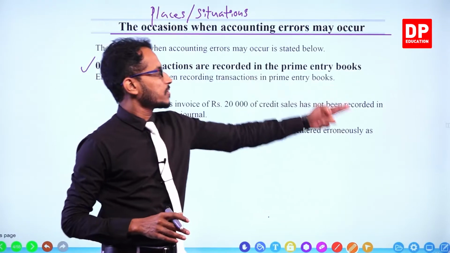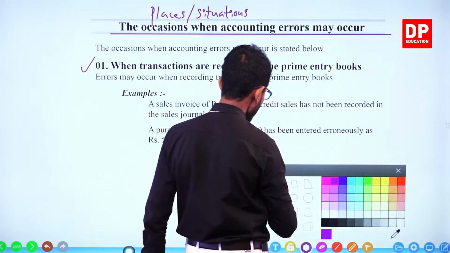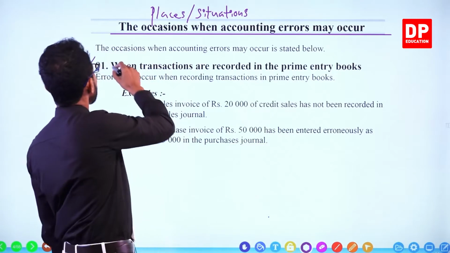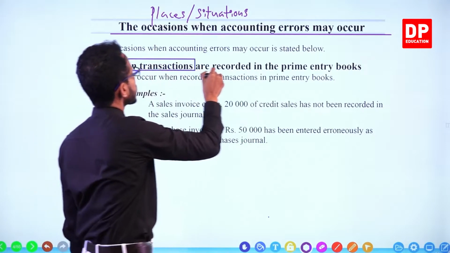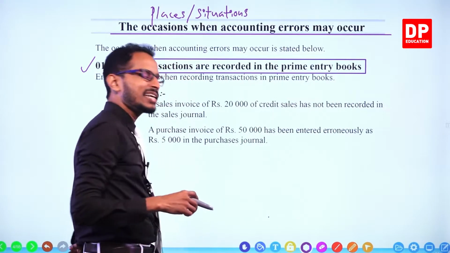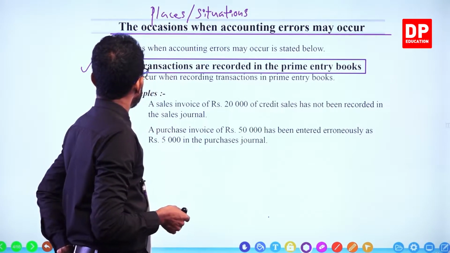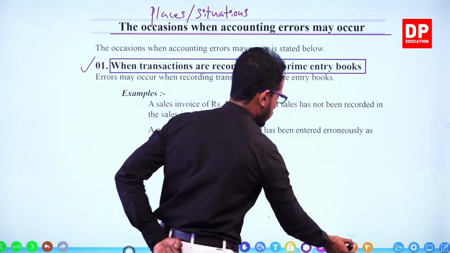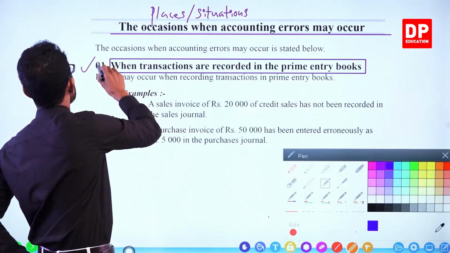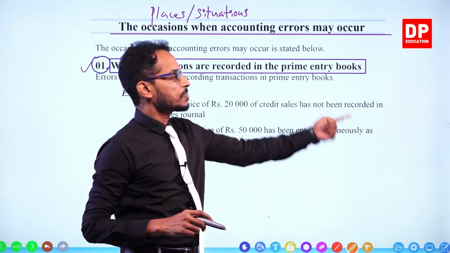In these types of accounting records, children, when prime books are prepared, the bookkeepers might have committed errors. So when transactions are recorded in prime books, let's take an example. Errors may occur when recording transactions in the prime books.